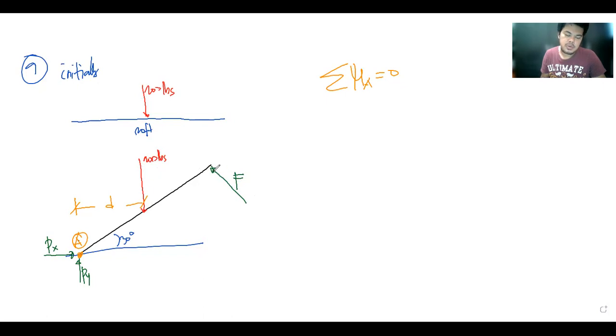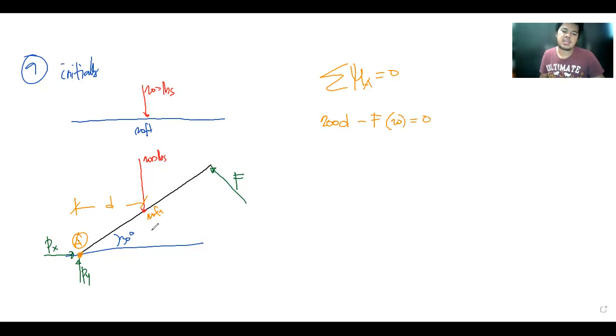whereas force F to point A is 20 feet, because the length of the beam is 20 feet. So we then say that the moment is 200 multiplied by the distance D minus F multiplied by 20, that is equal to 0.